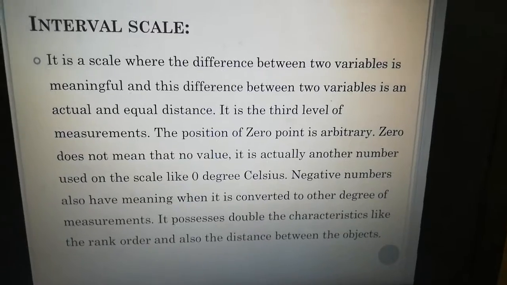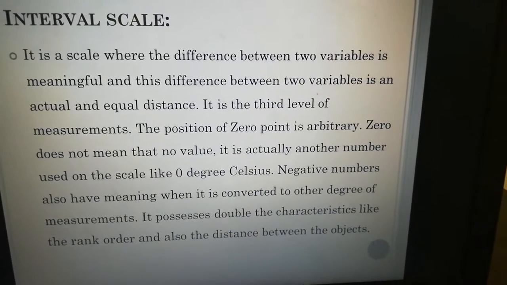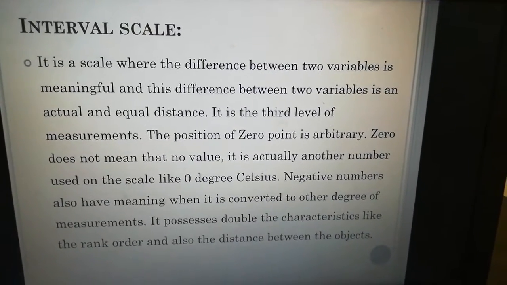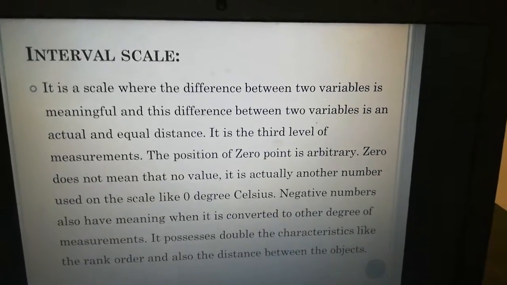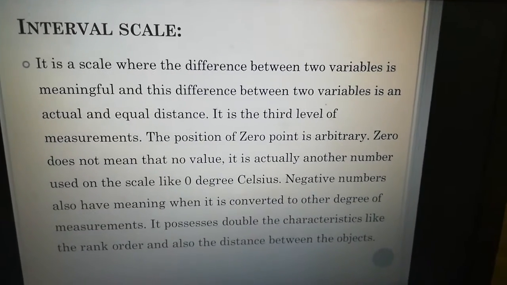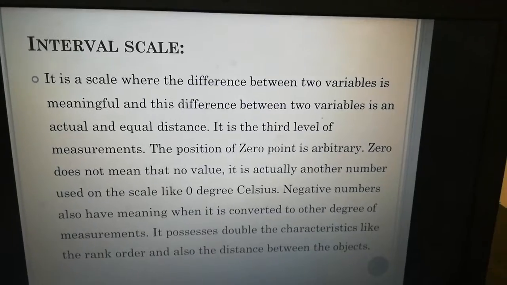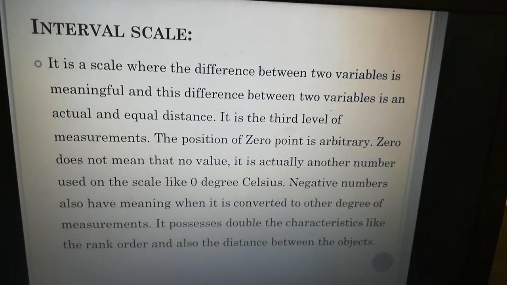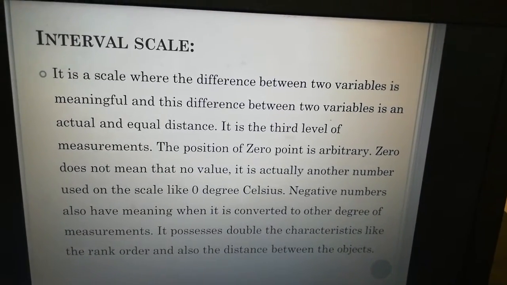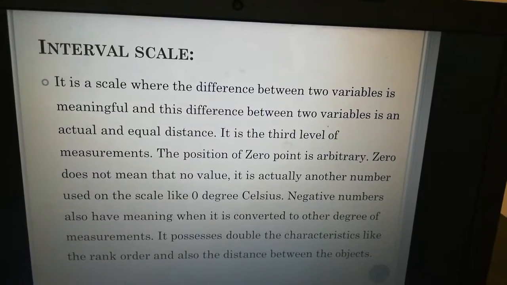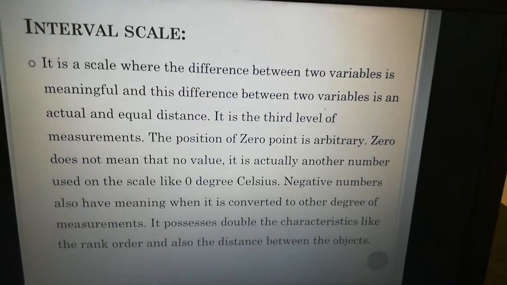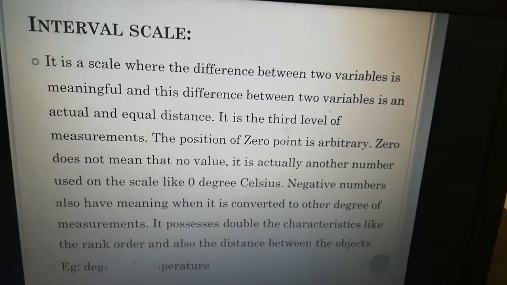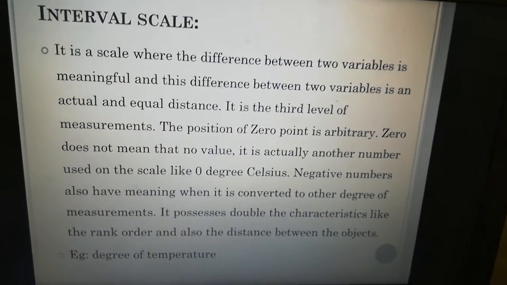But remember, the position of the 0 point is arbitrary. That means it's not a true value at all. Example, degree of temperature.